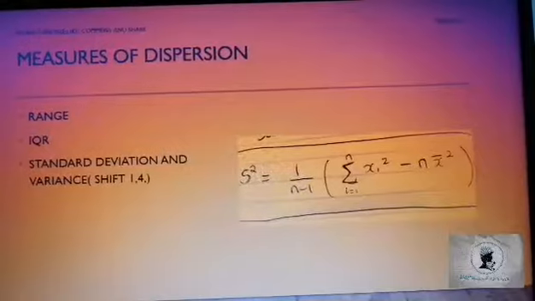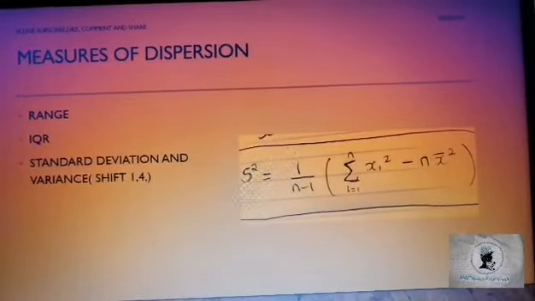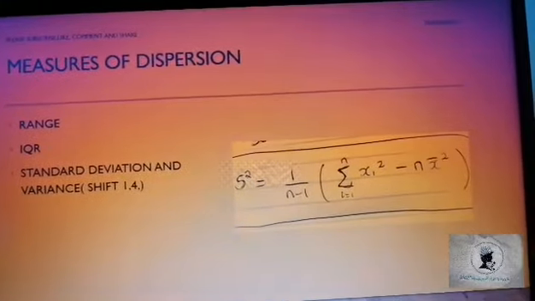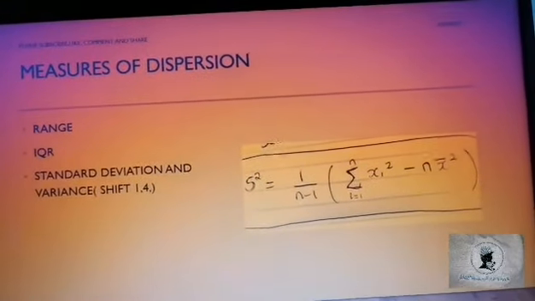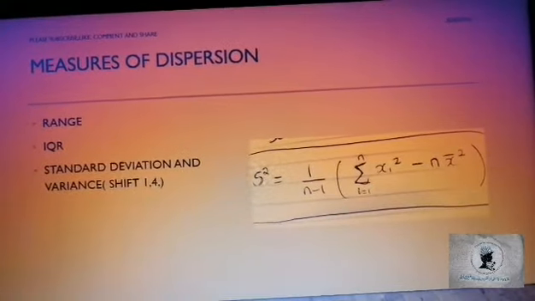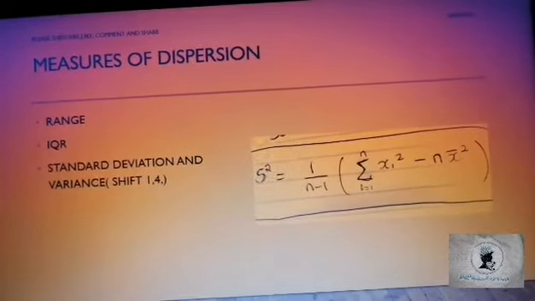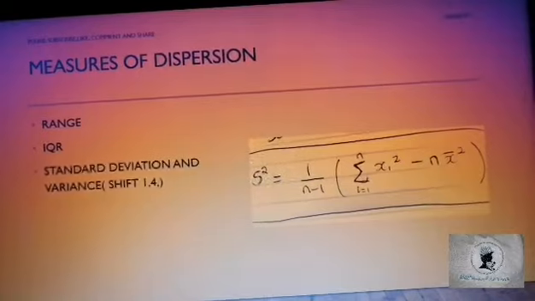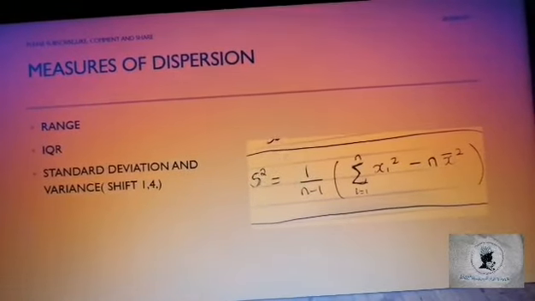So now we'll be looking at the measures of dispersion. We have the range, the IQR. By IQR we mean the interquartile range, and we also have the standard deviation and variance.